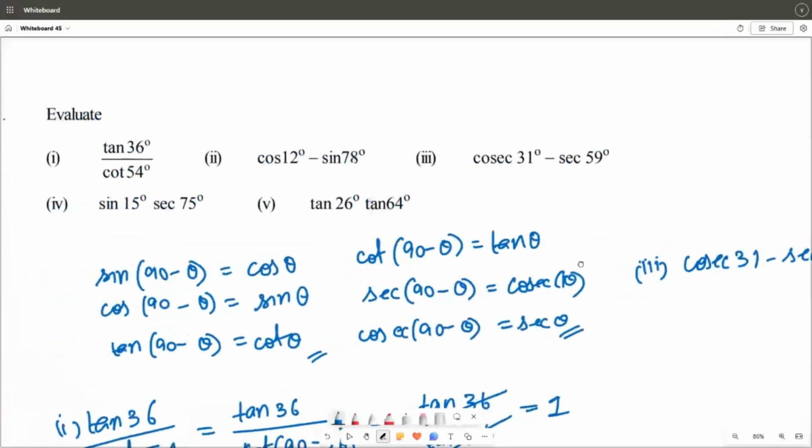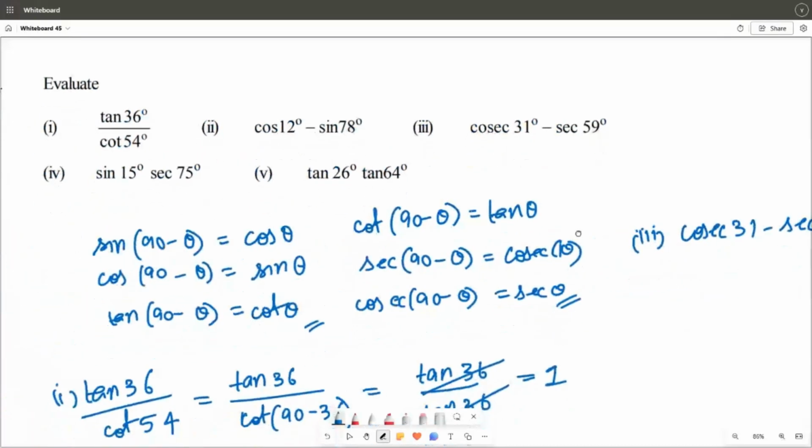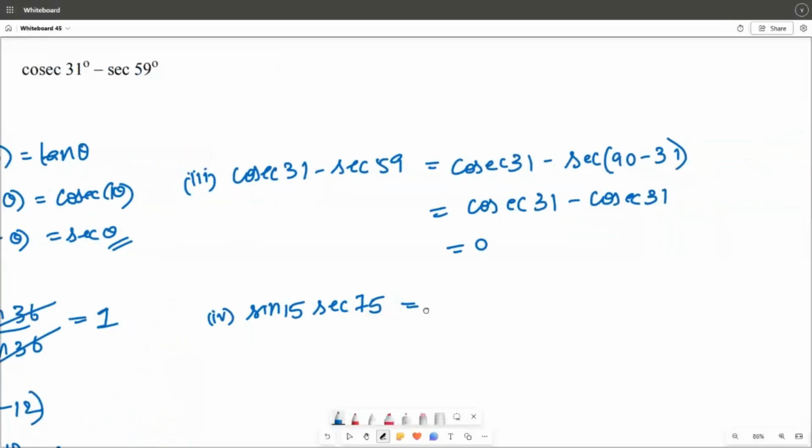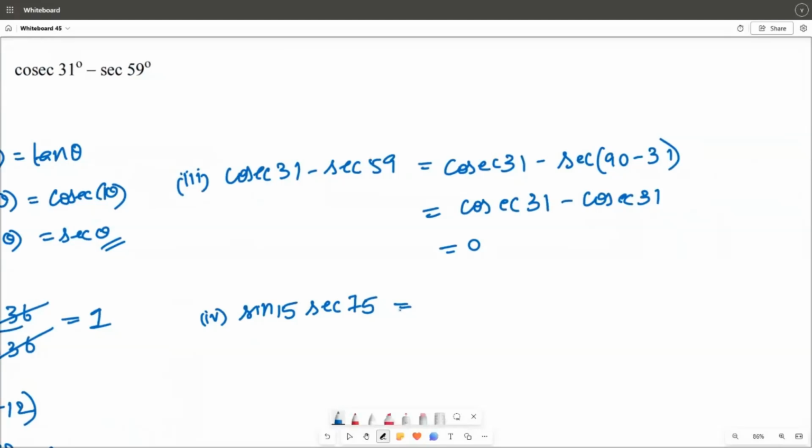Next, let's see the fourth question. We have sin 15 into secant 75. Let's write 75 as 90 minus 15. So this would be sin 15 into secant 90 minus 15.